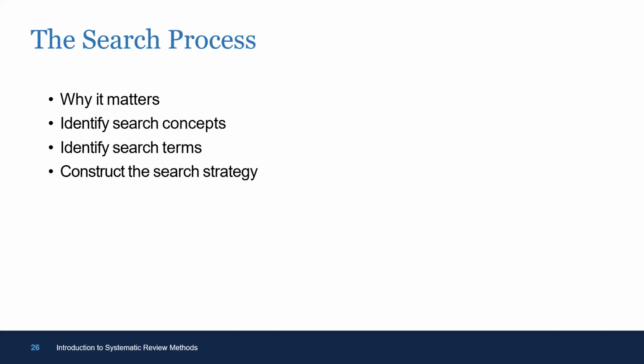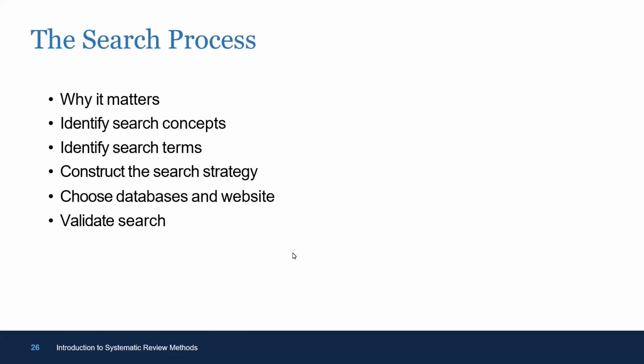Because if I give you a go-ahead and you move to the next step and you can't do it right, then there's a problem. So the first thing I usually focus on is to make sure the search process is clear, is thorough, you've got clear search concepts, search terms, and you've constructed them in the best way.